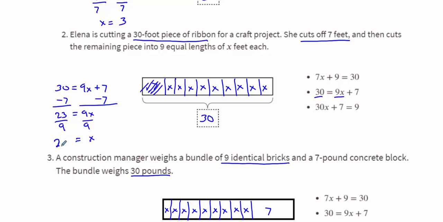So 2 whole times with 5 out of the 9 left over. So 2 and 5 ninths is equal to x. So that means that each piece of this ribbon that she divided up is 2 and 5 ninths feet.